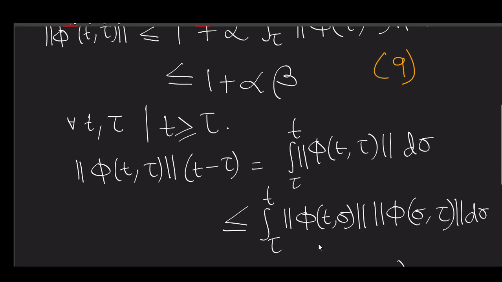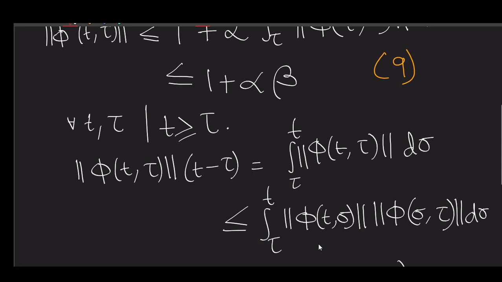Okay. So here this we can write t minus tau, that can be written this way, phi t comma tau d sigma, and you are not actually violating anything.